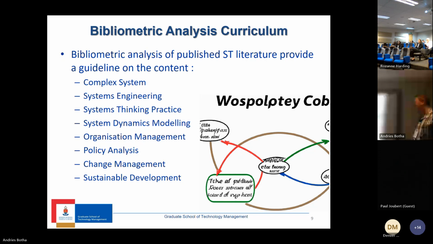I've done in the past a paper on what research in systems thinking is about, what are the different topics we talked about in research. At the top, in descending order, is complex systems, system engineering, the practice of doing system dynamics modeling, enabling organizational management, doing policy analysis, change management, and then sustainable development.